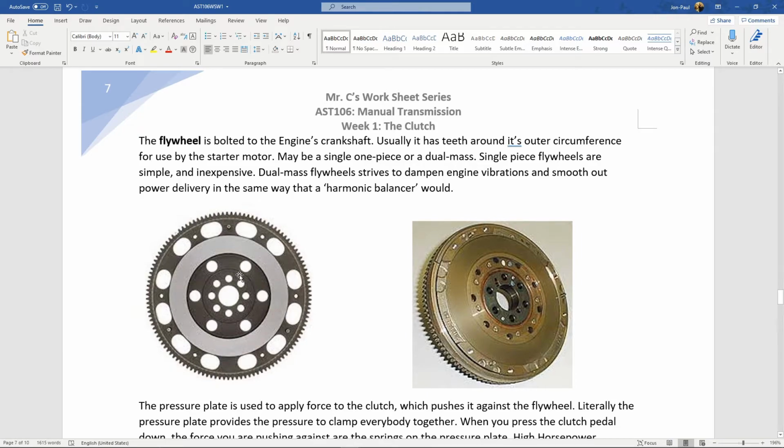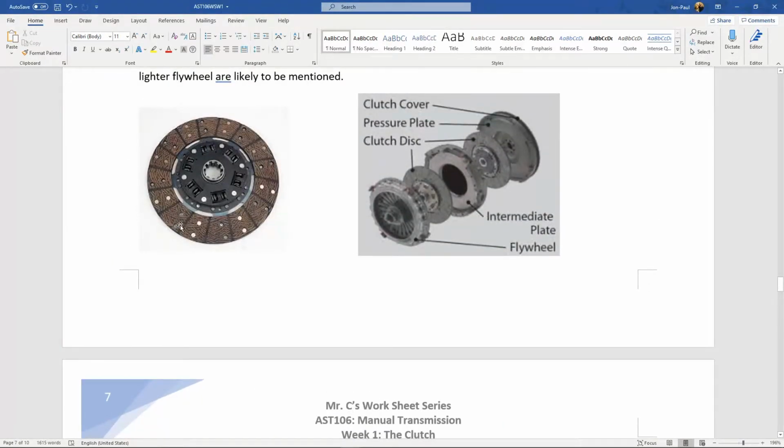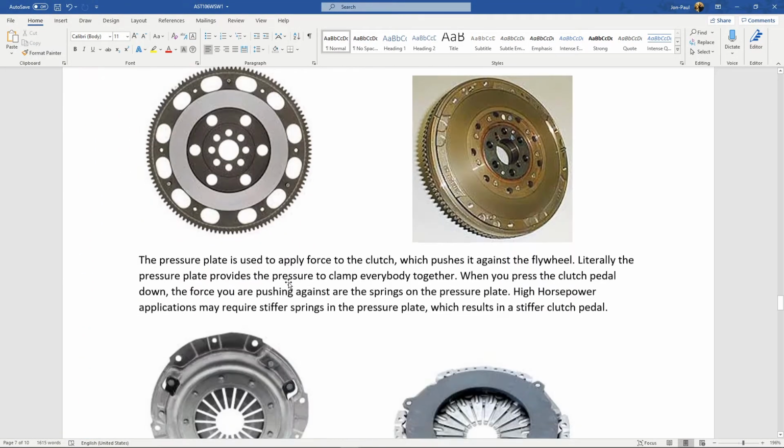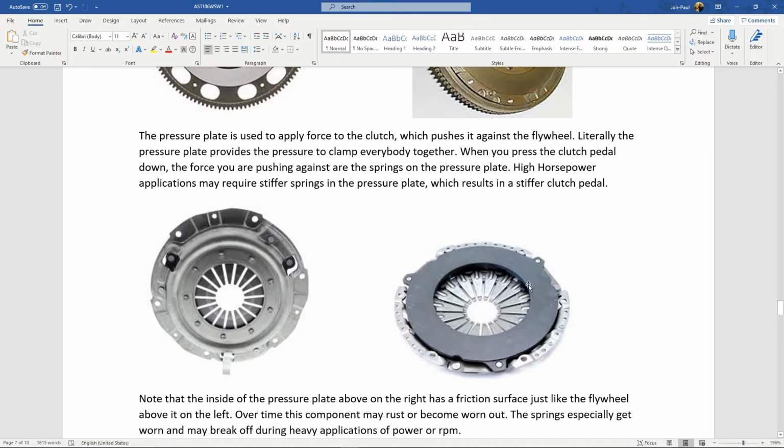So the bolts here from the crankshaft, mating surface here, transmits power to this clutch disc, transmits power to this pressure plate, and you'll notice on the pressure plate there's no splines or bolts. So this does not get bolted to the transmission.